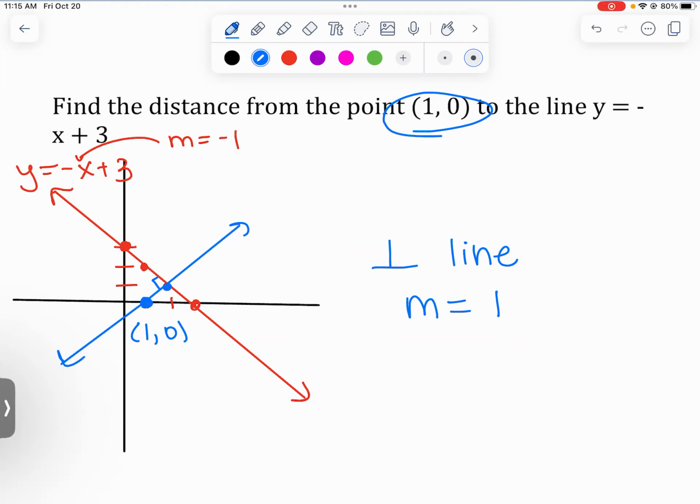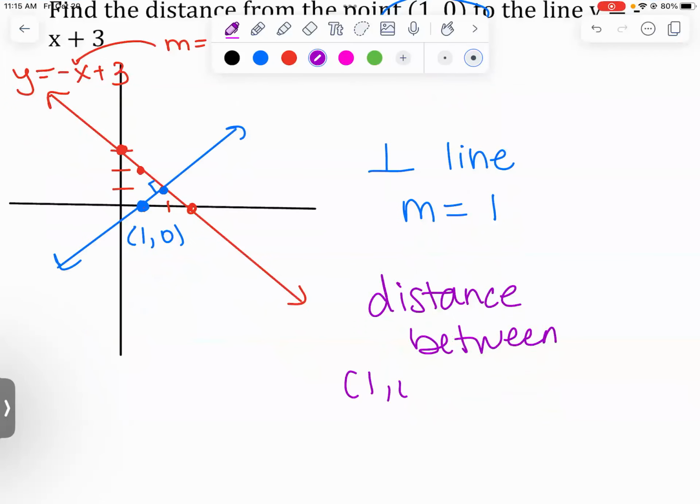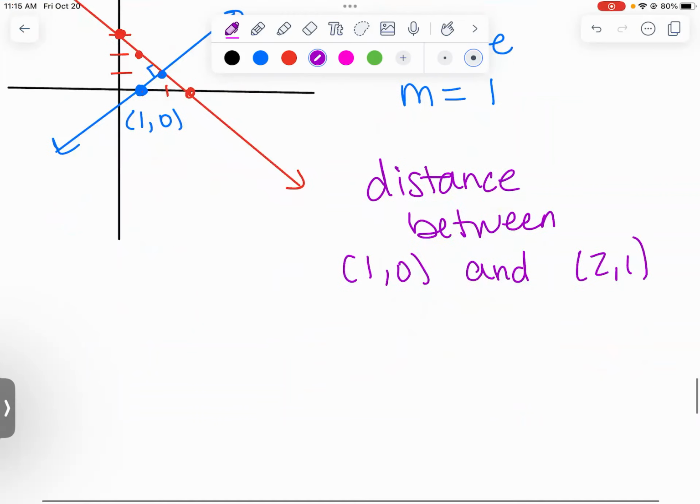What point is on that line? Cool. Do the distance for me.